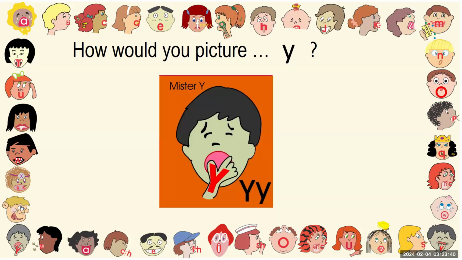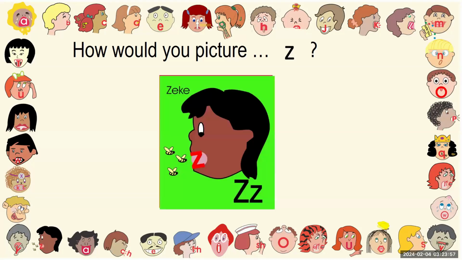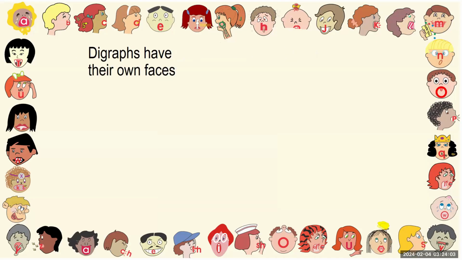The sound is close to a yawn. And so if you have your hand in front of your mouth, it's going to look very much like a Y. Yeah, yeah, yeah. And then Z is the bees that are buzzing around, giving him that sound.